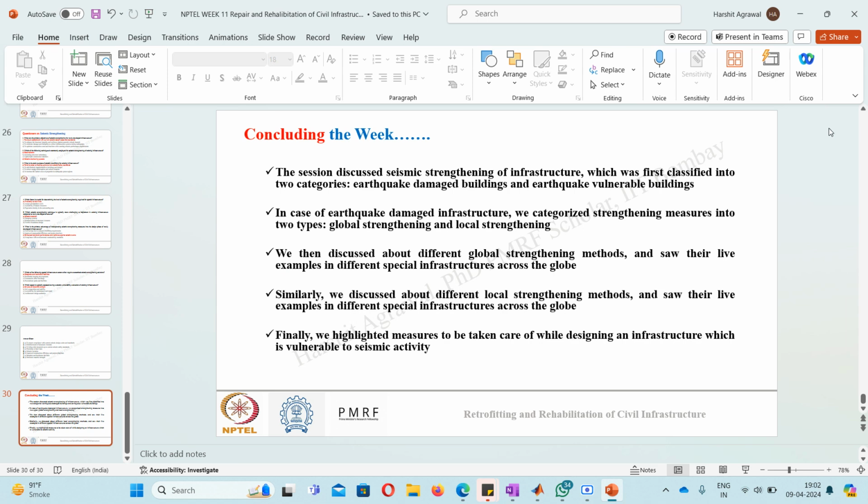In local strengthening, we talked about confinement, and we saw different infrastructures where confinement was used as seismic strengthening. And finally, we highlighted several measures that can be taken while designing an infrastructure that is vulnerable to seismic activity in the future. Okay, so this was all for week 11. Thank you.